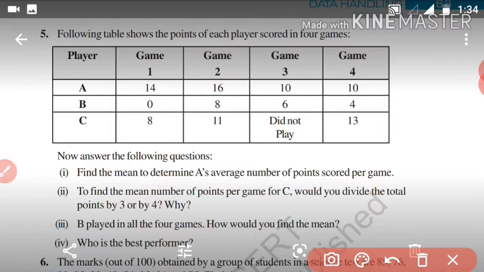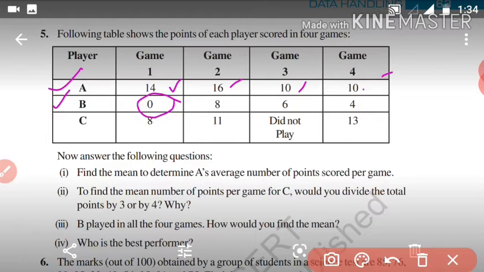So, there are 3 players, isn't it? And how many games? 4 games are there. So, player A: game 1 score, the point given is 14, in game 2, 16, in game 3, 10, and game 4, 10. Now player B, game 1 is 0.